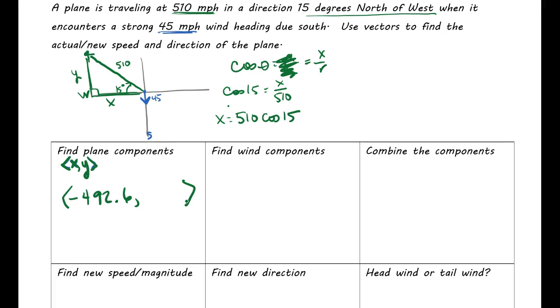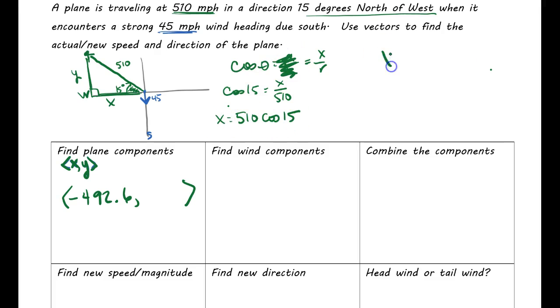Okay, now I'm not going to write out everything for my y, but here's what's pretty stinking awesome. As long as the angle in question goes with the x-axis, like it does in our picture, see how this is connected to the x-axis? This formula is going to work every single time.